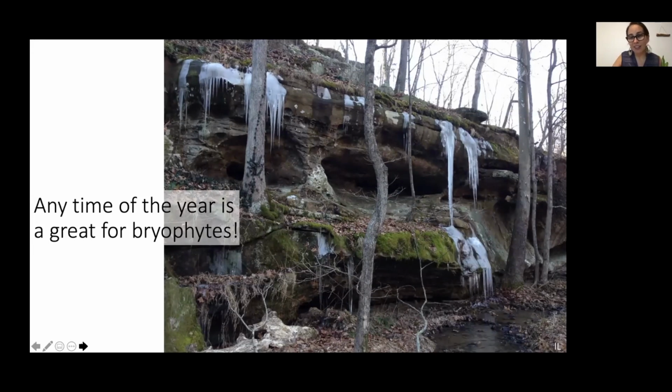In fact, there are some mosses in there that were under the ice. During winter, they dry up and wait until it's warm or water is available. When water is available, they can photosynthesize again and come back to life.